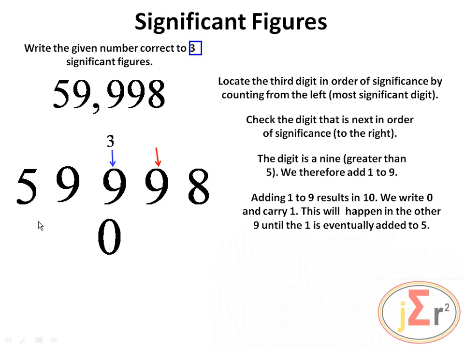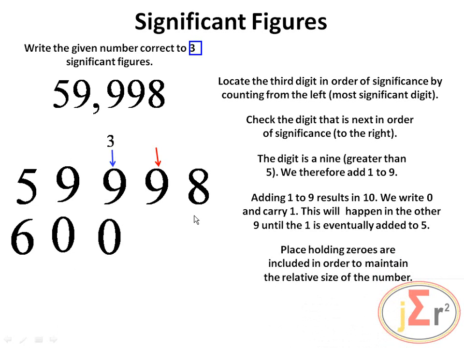So we are going to add 1 here. We are going to add 1 to this 9, 10. So 0 carry 1, and then 9 plus 1 is 10, 0 carry 1, and that is what will happen. At the end, placeholding zeros are included in order to maintain the relative size of the number.